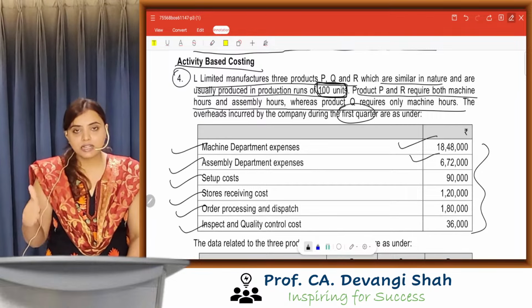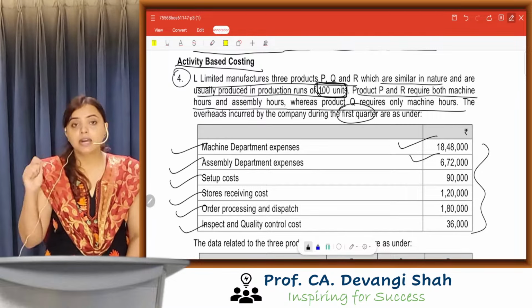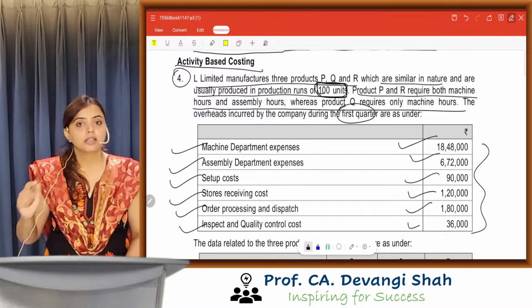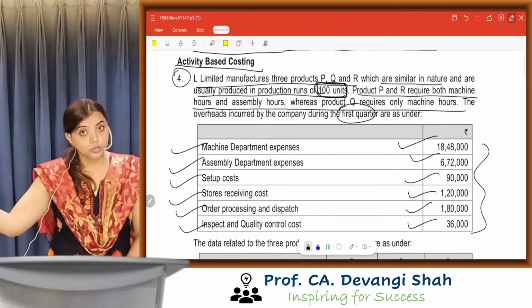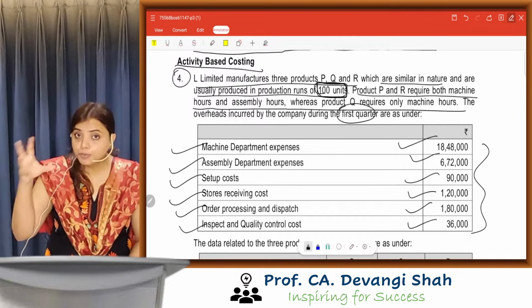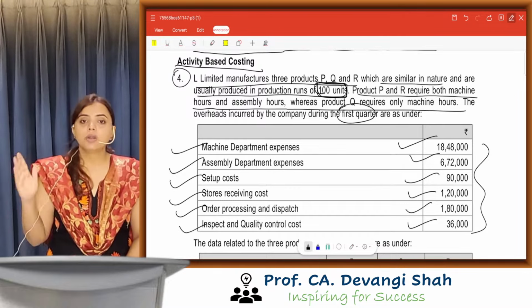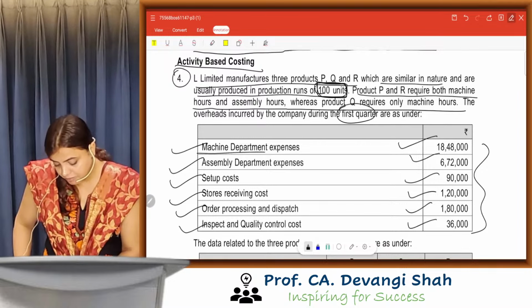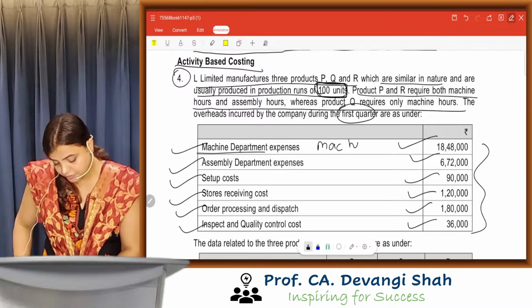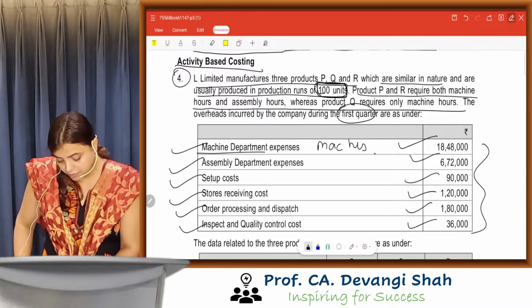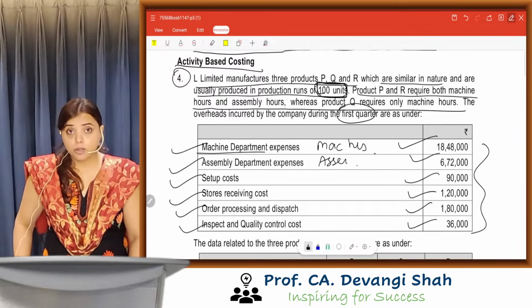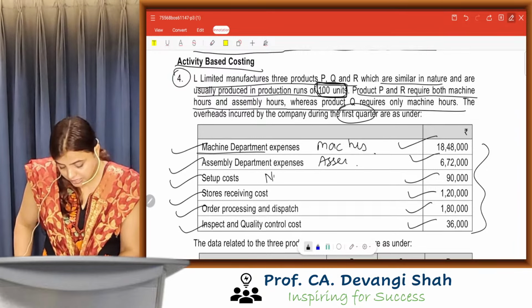Step 1, names of activities, you know it. Step 2, activity cost, which is called cost pool. You all know this. Then what are the cost drivers of this activity? For machine department, it will obviously be machine hours. For assembly department, it will be assembly hours. For setup cost, it will be the number of setups that you have done.